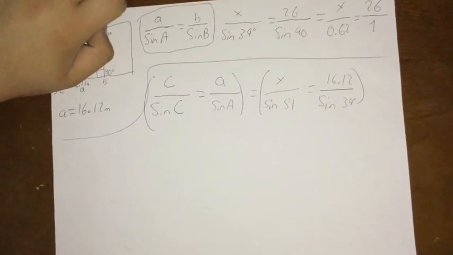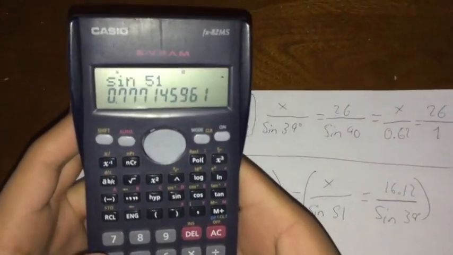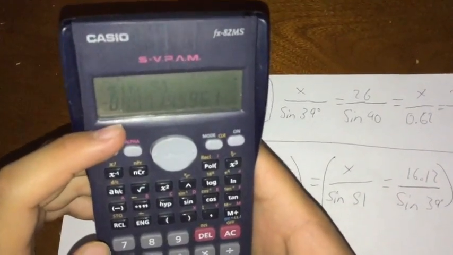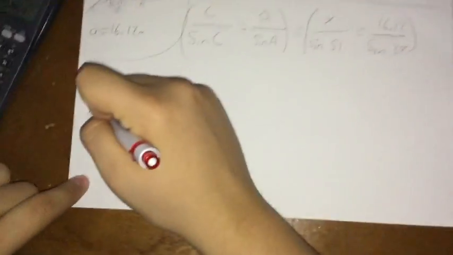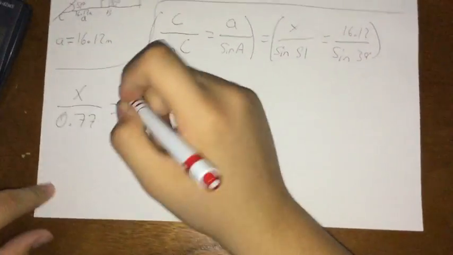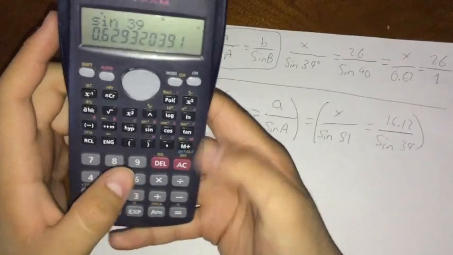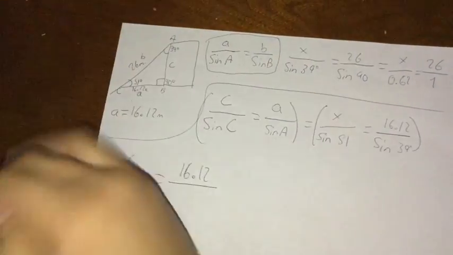Okay, now sin of 51 degrees is 0.77, equal to 16.12 over sin of 39 degrees, it's 0.62.